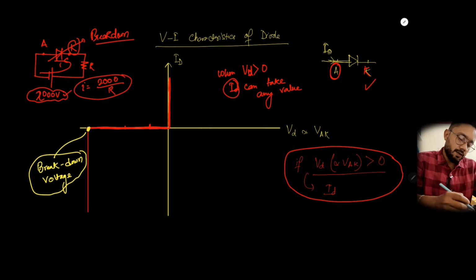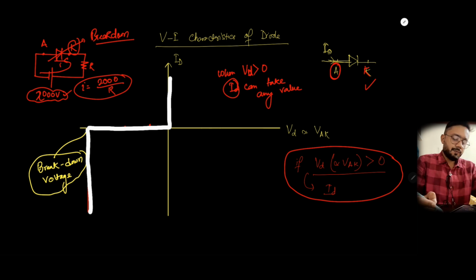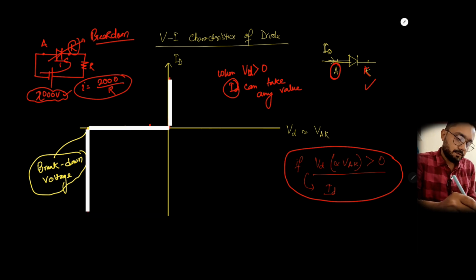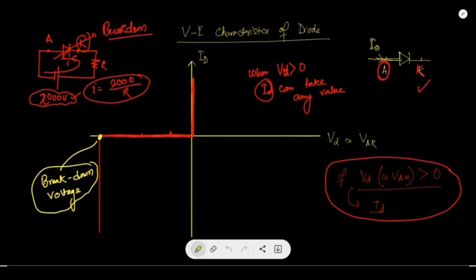So this is the VI characteristics of a diode. So you can see one more thing. When the diode breaks down, that is the reverse bias voltage is higher than the breakdown voltage, then as I told, it allows the current to pass.